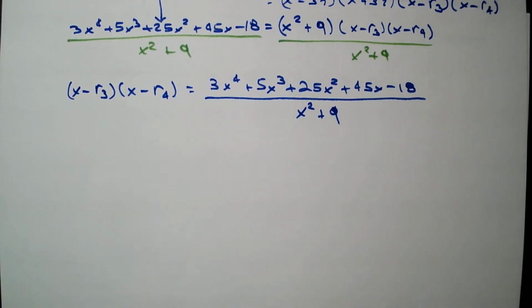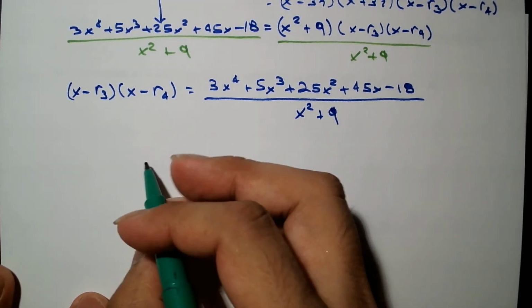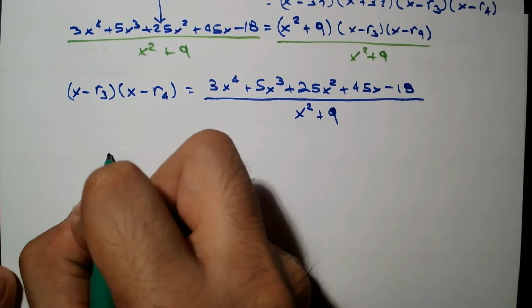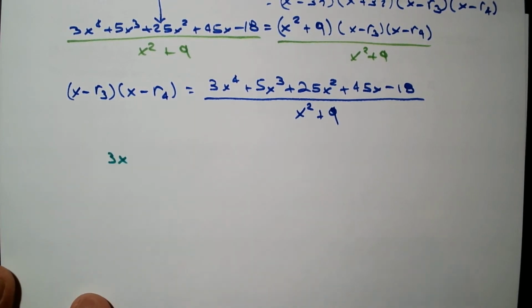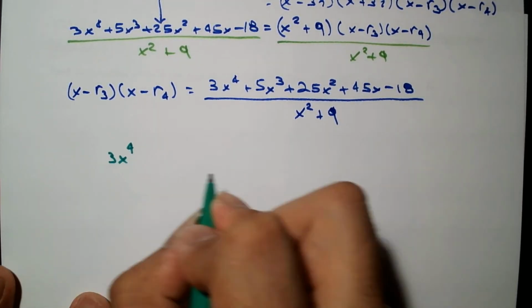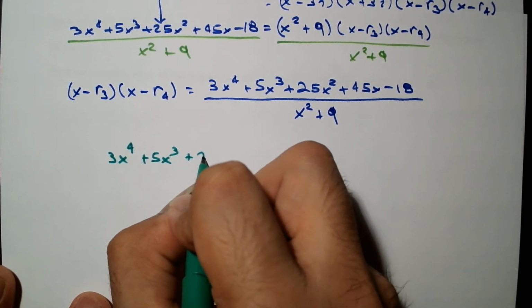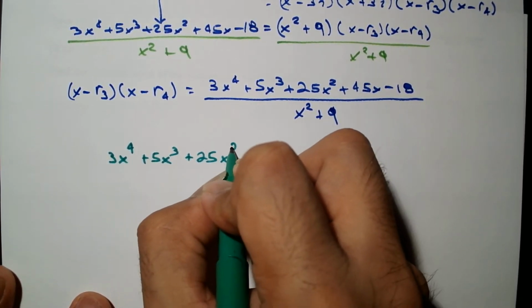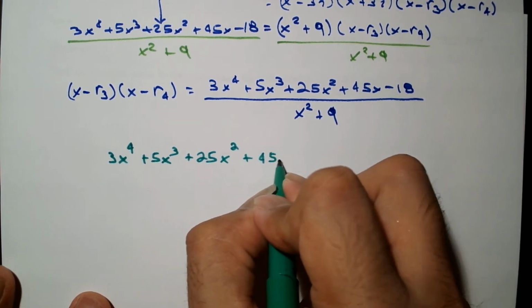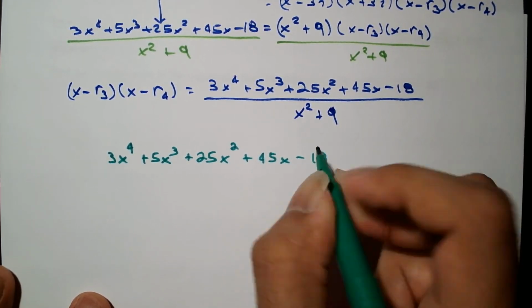Okay, let me use maybe a different color here. How about I use maybe, do I have green? I don't think I have green. Okay, I have this green right here. Okay, so I'm going to write 3x to the 4th power plus 5x cubed plus 25x squared plus 45x minus 18.